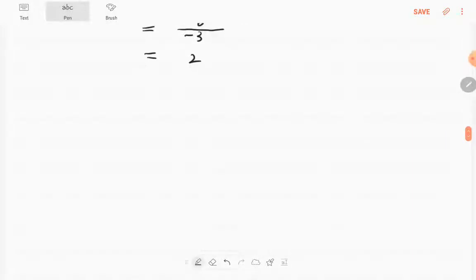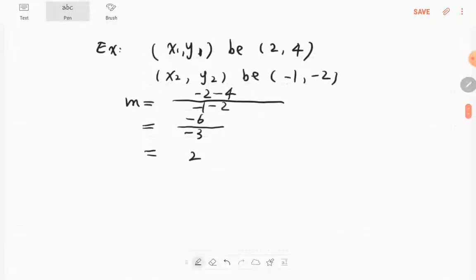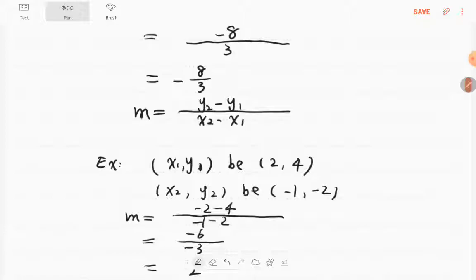So how can we find the slope? Remember, the top part is always y, and the bottom part is x. So this means the y for the end point minus the y for the start point, over the x for the end point minus the x for our start point.